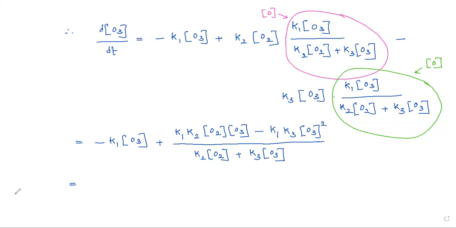Considering this and writing the final expression, it can be written as minus 2K1 into K3 into O3 square by K2 into O2 plus K3 into O3.